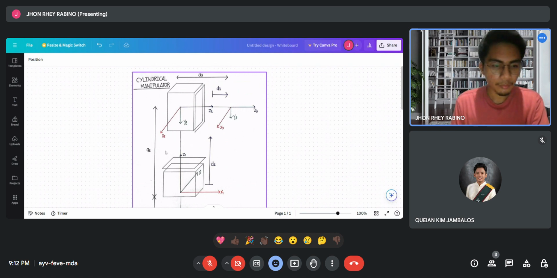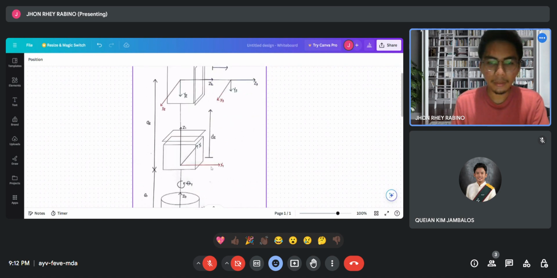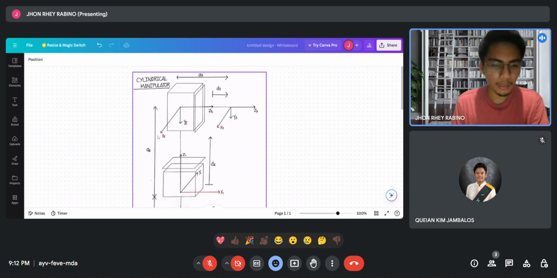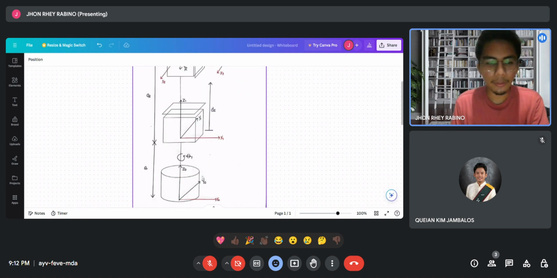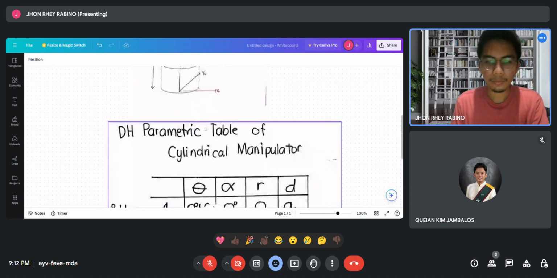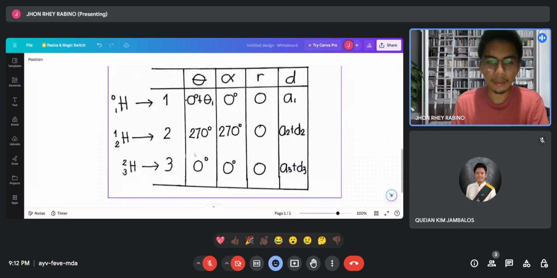We will make x sub 1 identical to x sub 2. The axis of rotation is z sub 1, and the amount of rotation from x sub 1 to x sub 2 is 270 degrees.